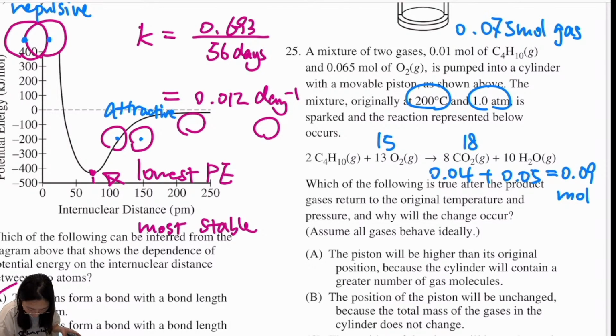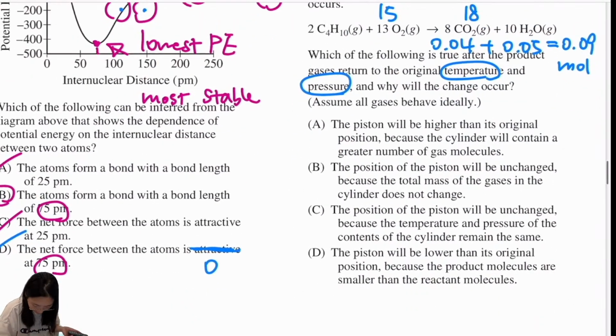Okay, so the temperature and pressure return to the original values. PV is equal to nRT. The temperature has not changed, so the pressure has not changed.